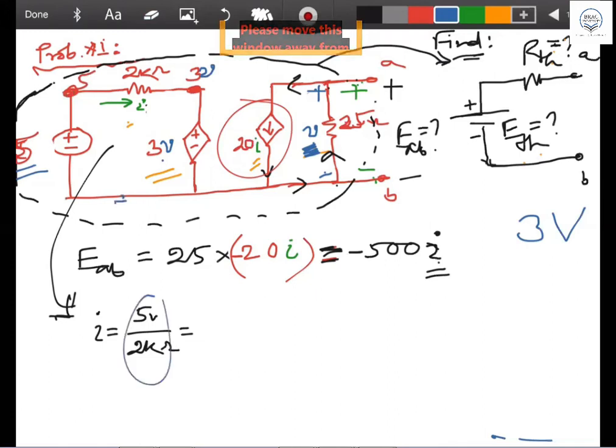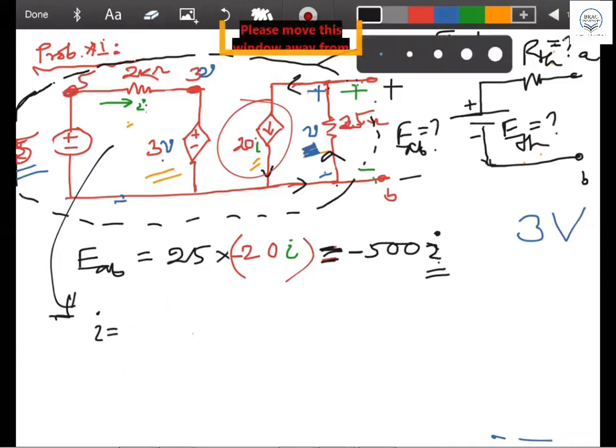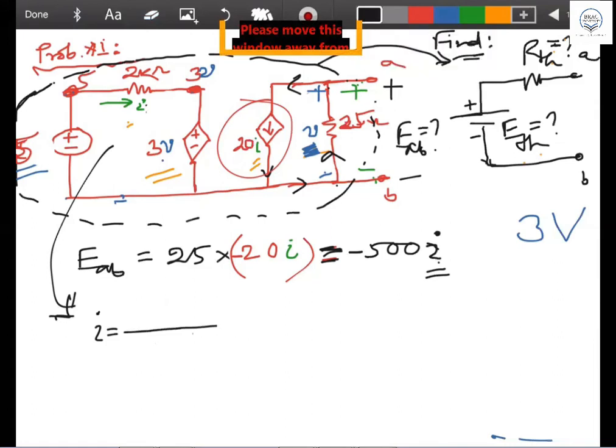Will it be 5 divided by 2K? No, sir. 5 minus 3V divided by 2K. Somebody told 5 divided by 2K. This is very sad. This is the problem with the basic knowledge. Now you understand it: 5 minus 3V divided by 2K.